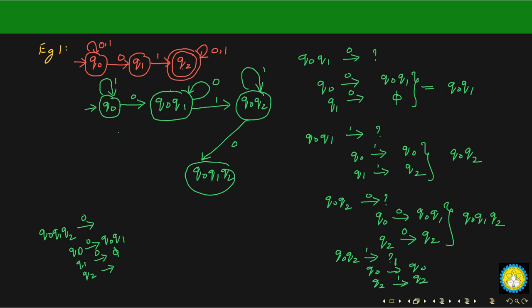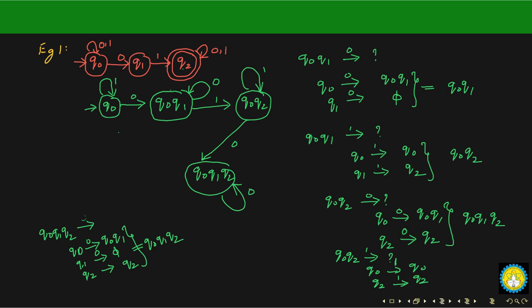What about Q2 on 0? Q2 on 0 goes to Q2 itself. If you combine this, you get back {Q0, Q1, Q2}. So the 0 transition from {Q0, Q1, Q2} goes to itself. That's the meaning, right?